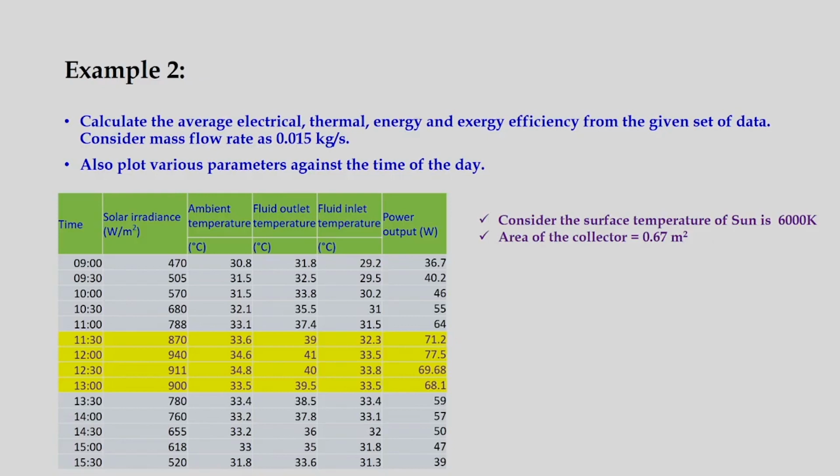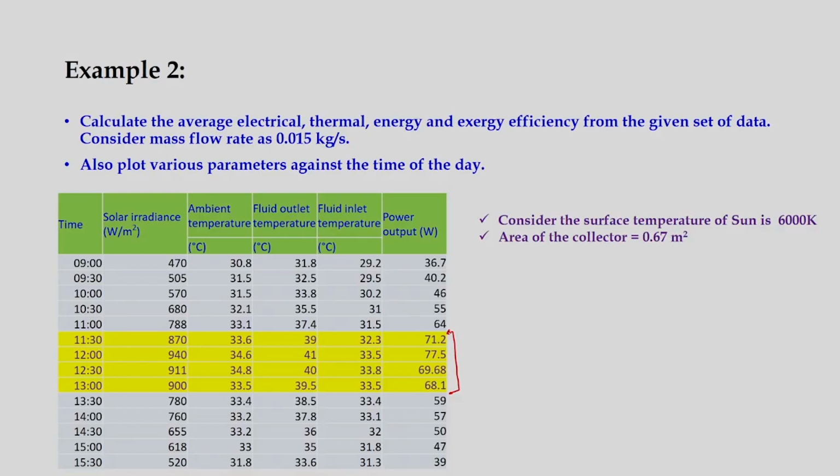Okay. So, normally what we do when we test a solar collector, we normally perform the experiments during these hours 11:30 to 13 hours or 1 p.m. Okay, because during that time we will get maximum exposure to the sun, right.